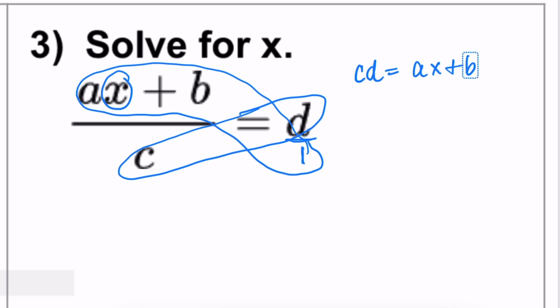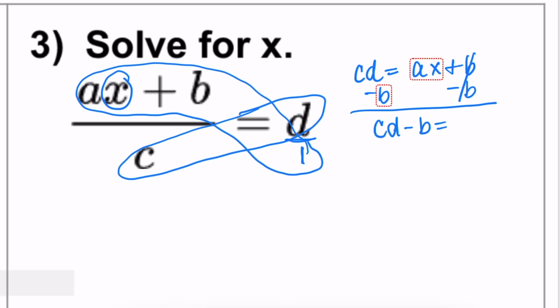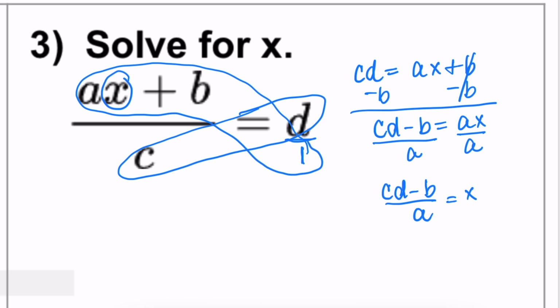And so you're solving for x, so let's subtract the b from both sides. And we're left with CD minus b is equal to ax. And then divide both sides by a. And we're left with CD minus b over a is equal to x. And you're done.